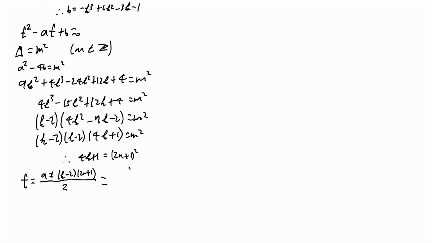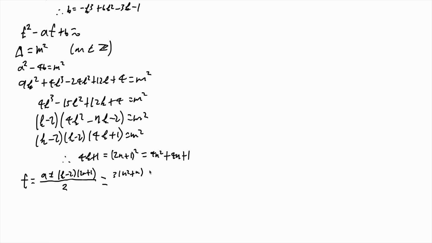And this is obviously, what is a? a is 3k. 4n squared plus 4n plus 1. Therefore, k should be n squared plus n, right? k is n squared plus n.